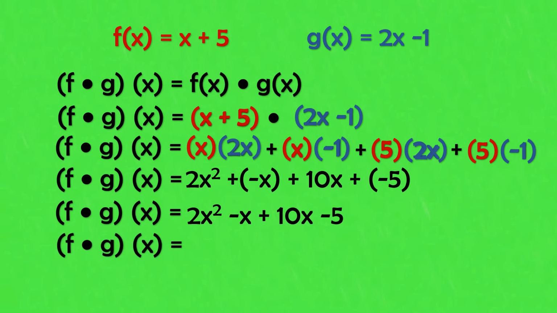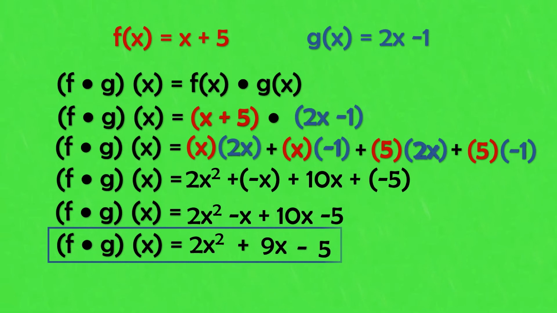Combining like terms, we have 2x squared plus 9x minus 5. So our final answer is f times g of x equals 2x squared plus 9x minus 5.